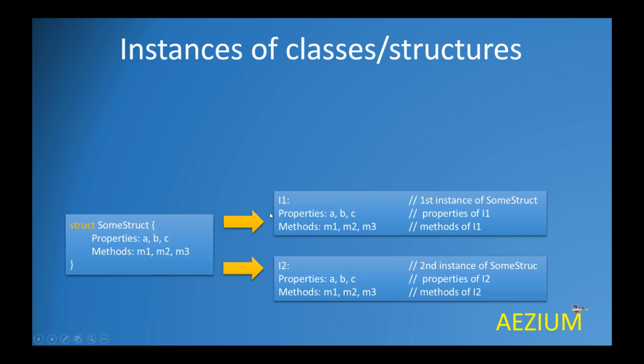This is just describing the idea. So we have the first instance of some struct, which is a structure, and then this instance will have its own properties, A, B, C, and its own methods, M1, M2, M3. The second instance, I2, will have the same properties with the same names, but these are independent. They're not shared.